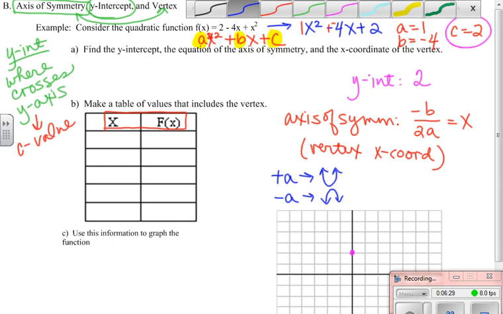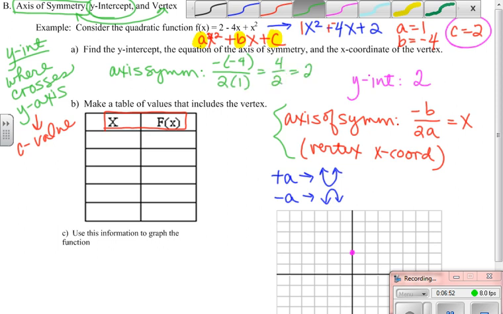So if we go back to our original up here and we want to find this axis of symmetry vertex, what we have is the following. The opposite of b, my b is negative 4, so the opposite of negative 4 all over 2 times a. So I have positive 4 over 2, which is 2.